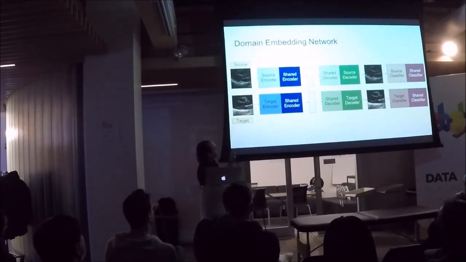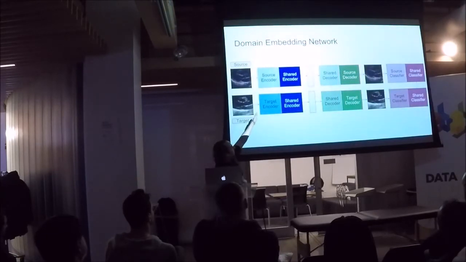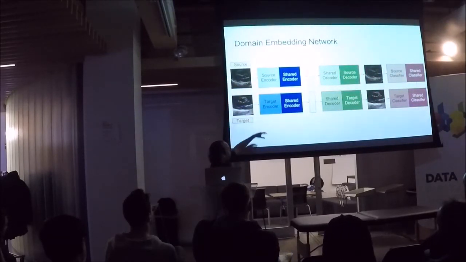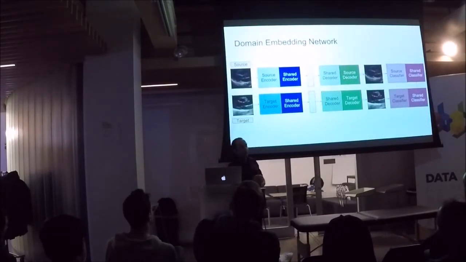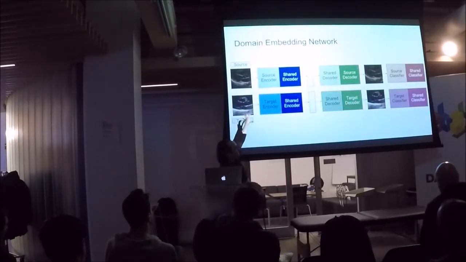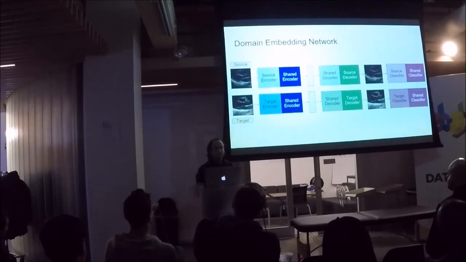Okay? So the intuition here is that the first couple layers of this network are particular to each domain. You can think about it as really only capturing low-level image statistics, but everything higher up, which is capturing very high-level concepts, those are shared among both those domains, with the hope that we are effectively embedding both of these images into the same manifold.